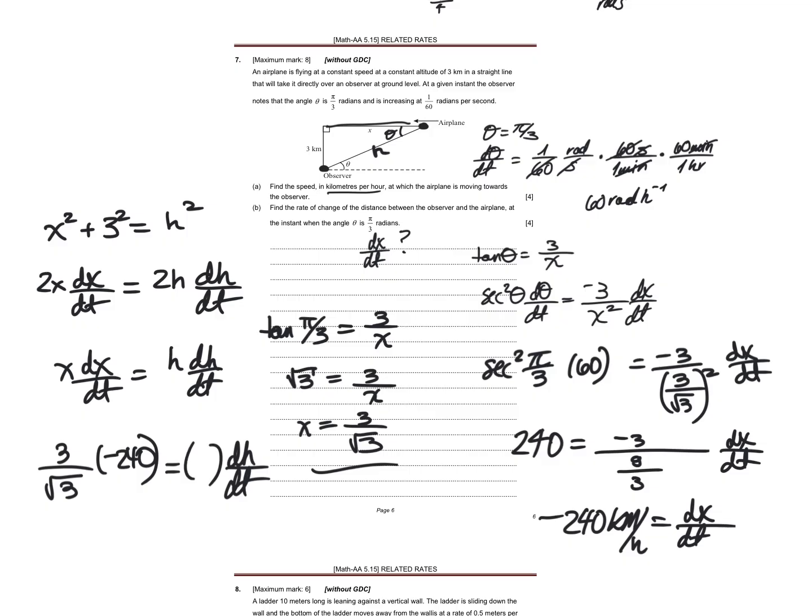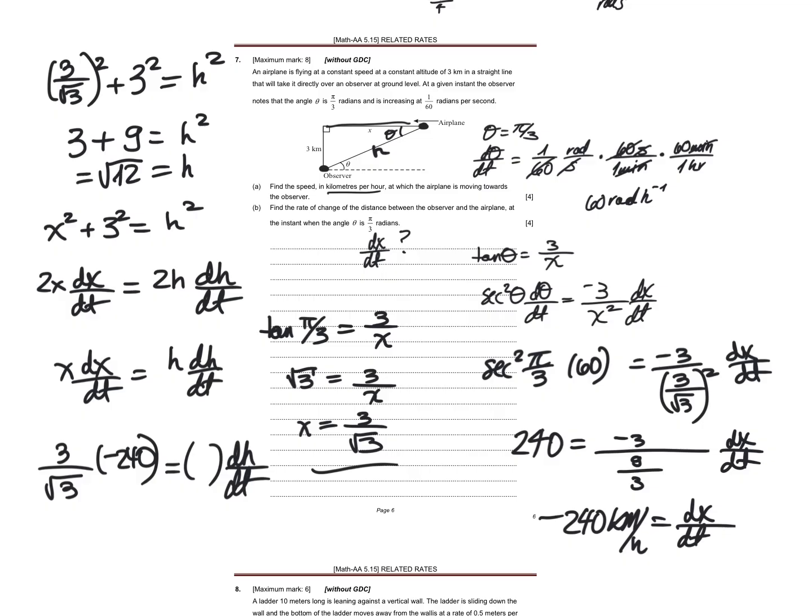So we are going to have (3 over root 3) squared plus 3 squared equals h squared. So this ended up being 3 here. So 9 over 3 plus 9 is h squared. So we have h is square root 12, which is 4 times 3, 2 root 3.